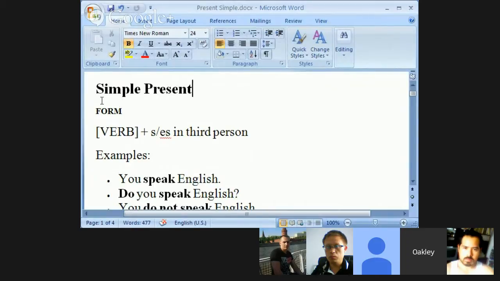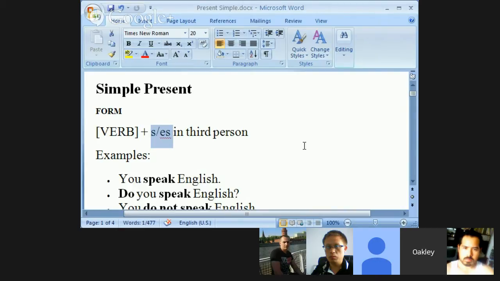All right, let's talk about the simple present tense. The form is basically the root verb, and then we will add s or es when the verb is used in the third person. That is to say, with he, she, or it, we will add s.